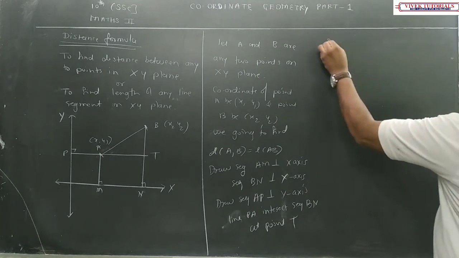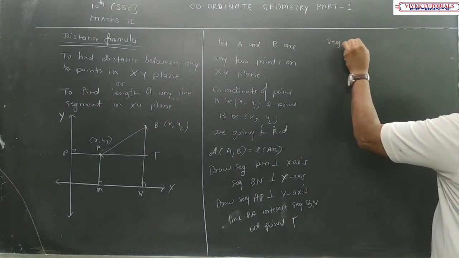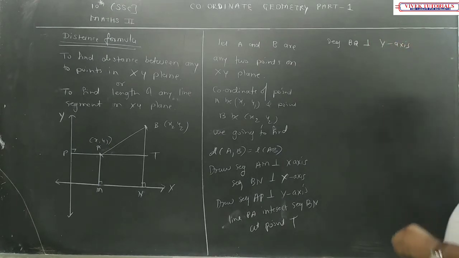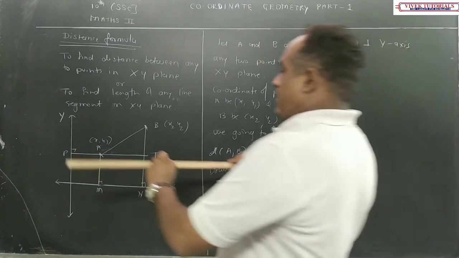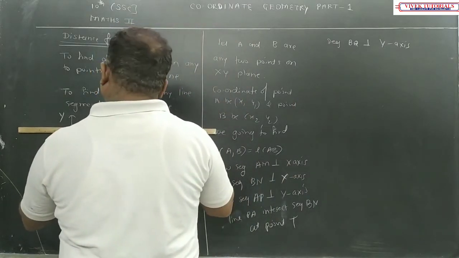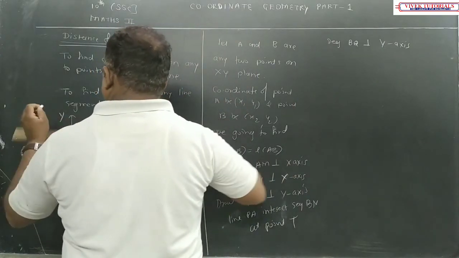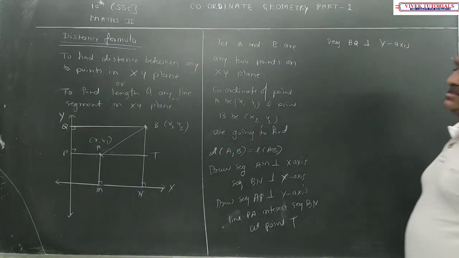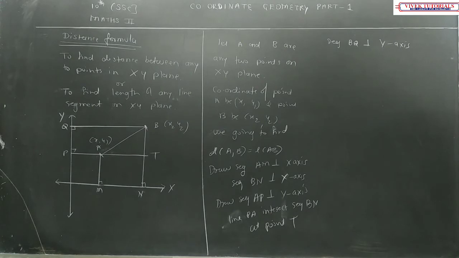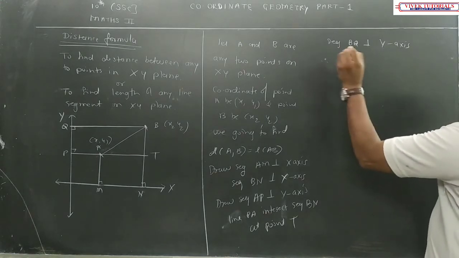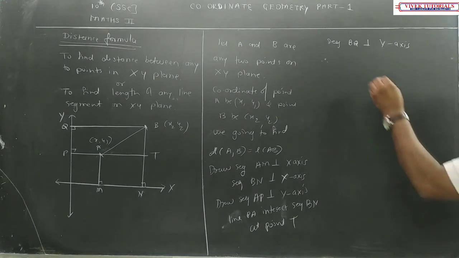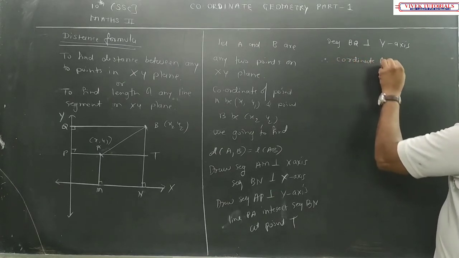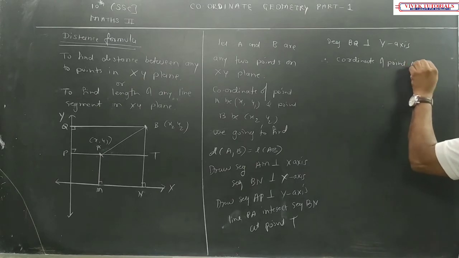Again, segment BQ is perpendicular to the y axis. So if I draw BQ, it will be perpendicular to the y axis. You got it? Therefore, what is the coordinate of point M?